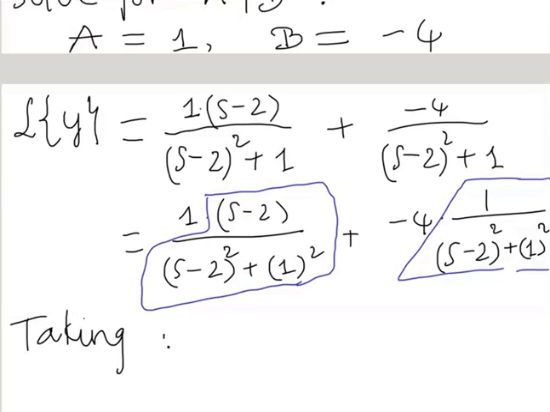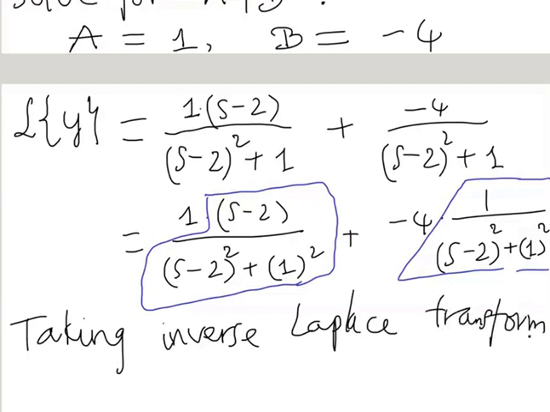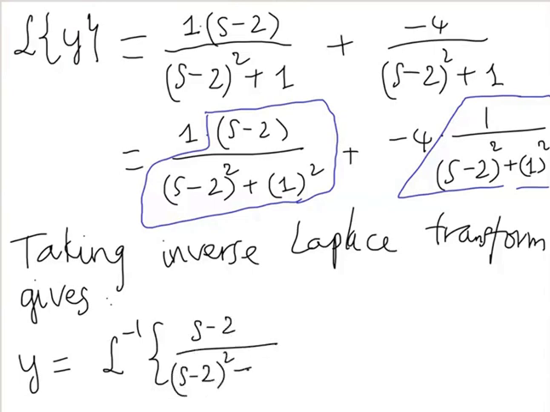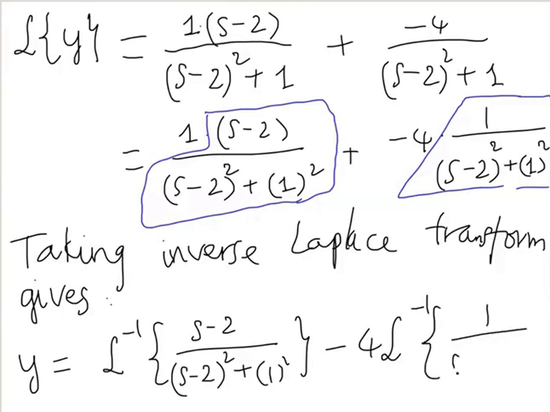Taking the inverse Laplace transform gives us y is the inverse Laplace transform of s minus 2 over (s minus 2) squared plus 1 squared, minus 4 times the inverse Laplace transform of 1 over (s minus 2) squared plus 1 squared in the denominator.